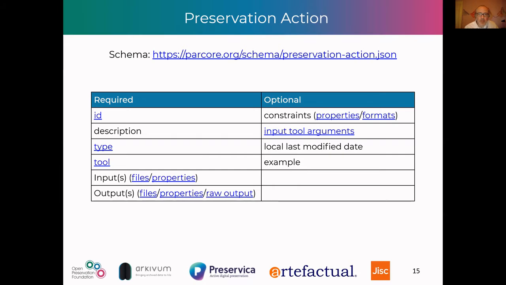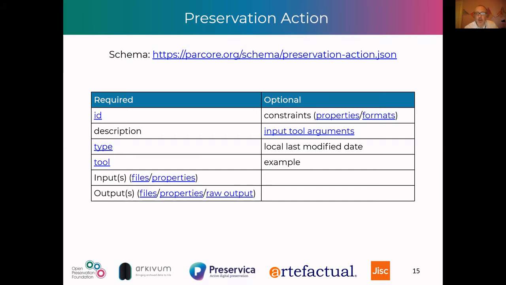And so the schema for a preservation action is defined here, and as you can see, there are a number of required elements and then a few optional ones. So we've described the inputs and outputs a little bit. The constraints can be properties or formats. So in the PAR model, a file format is modeled as a separate first-class entity, but any kind of property you want can be used as a constraint.